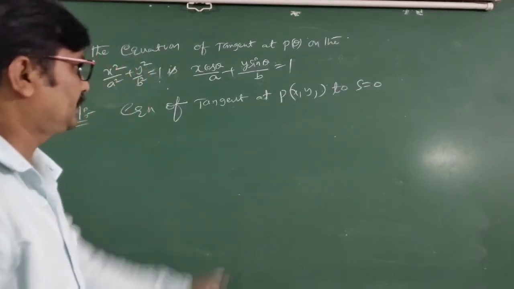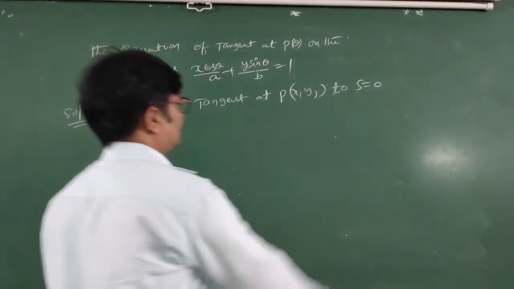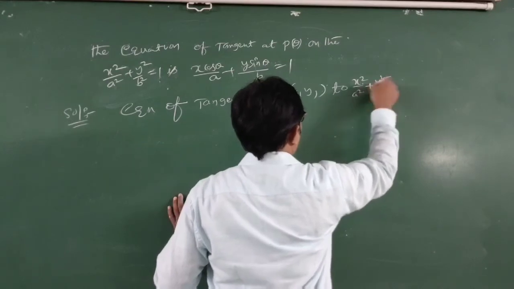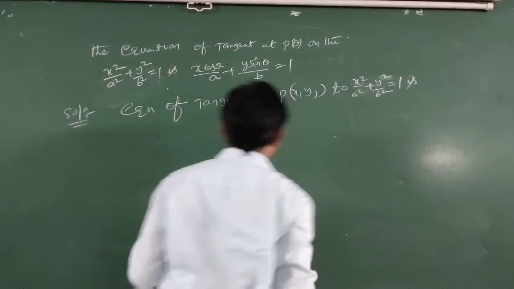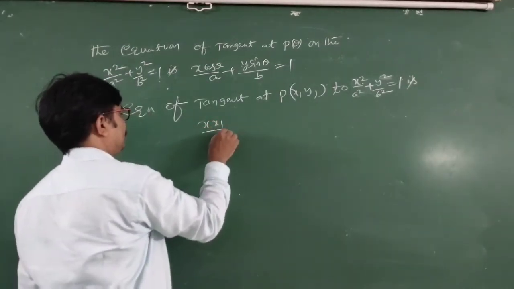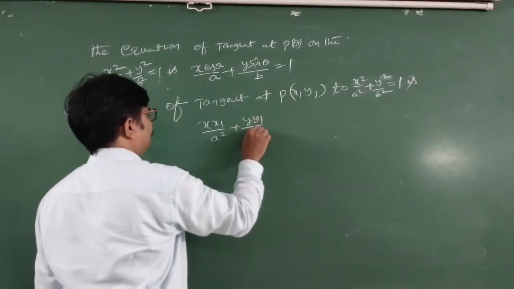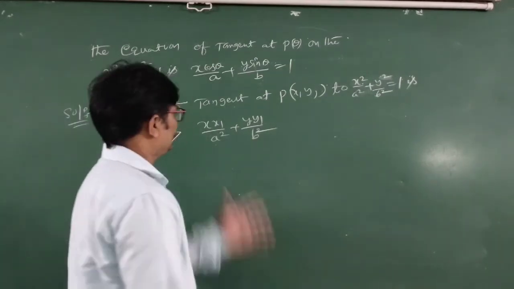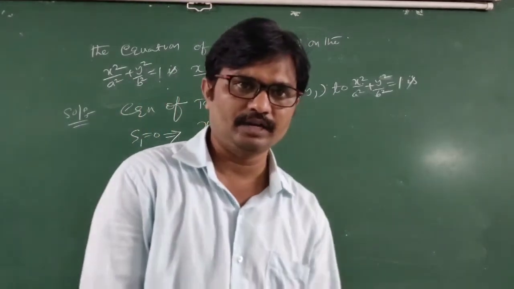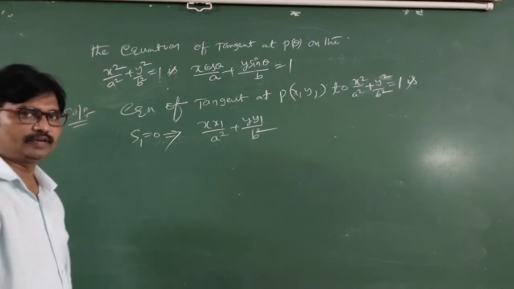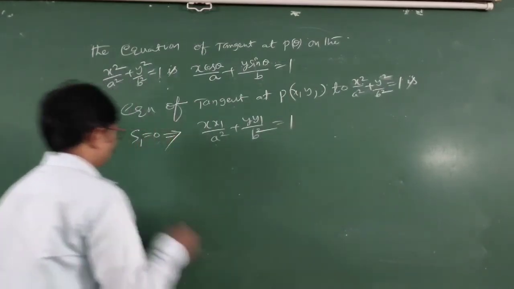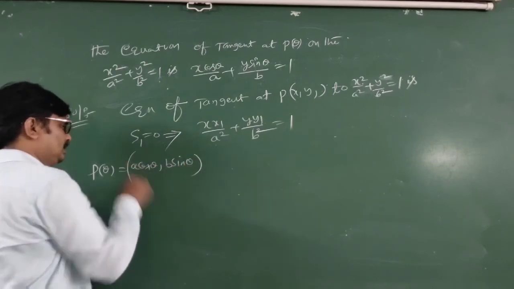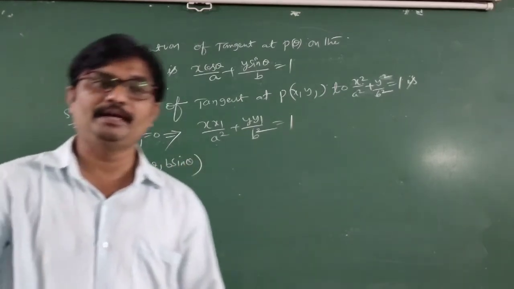So students, the equation of the tangent at (x1, y1) to the ellipse x square by a square plus y square by b square equal to 1 is x x1 by a square plus y y1 by b square equal to 1, that is S1 equal to 0. Everybody knows this. Now P theta, that is (a cos theta, b sin theta), is the parametric point.